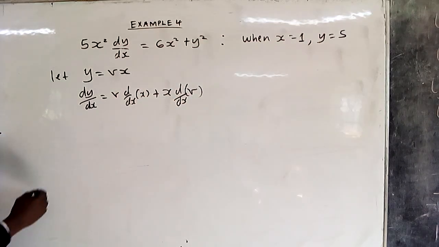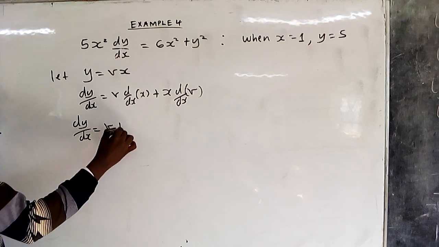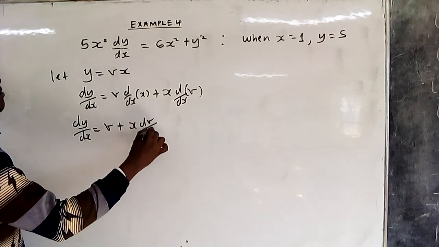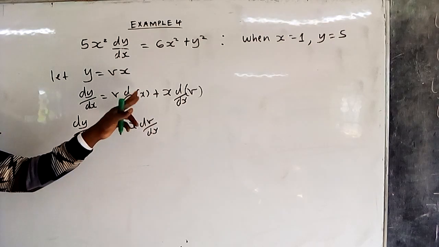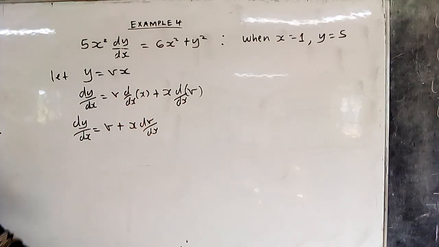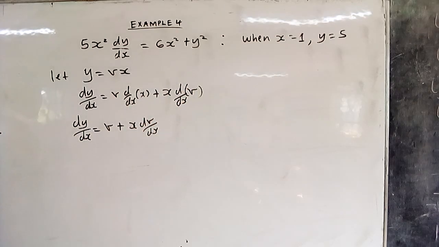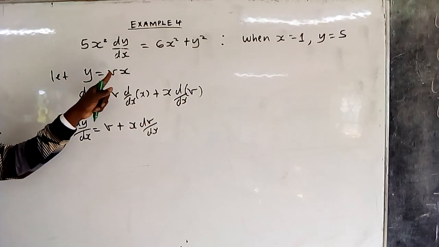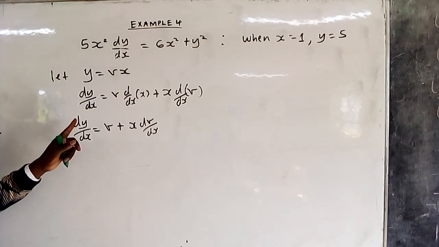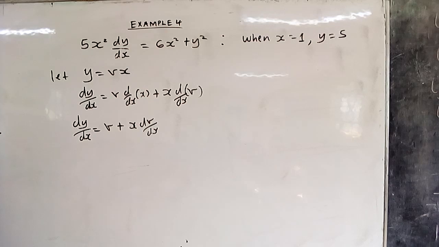So you end up with dy over dx is v plus x dv over dx. Differentiating x with respect to x, you get 1. So where we have y, we are going to put vx, and where we have dy over dx, we are going to put v plus x dv over dx.